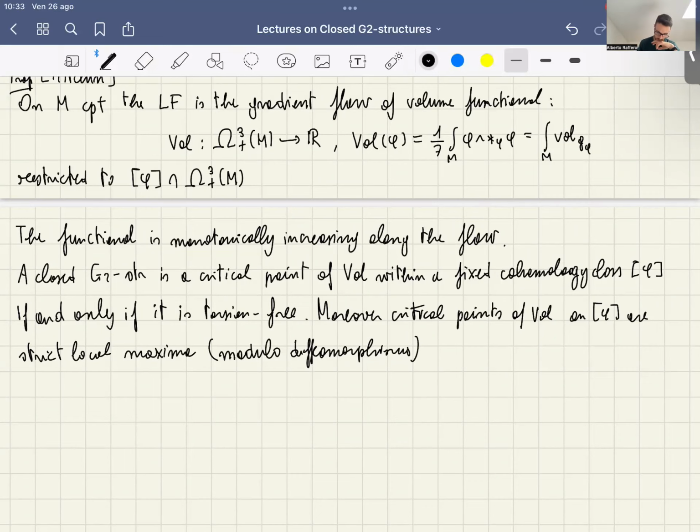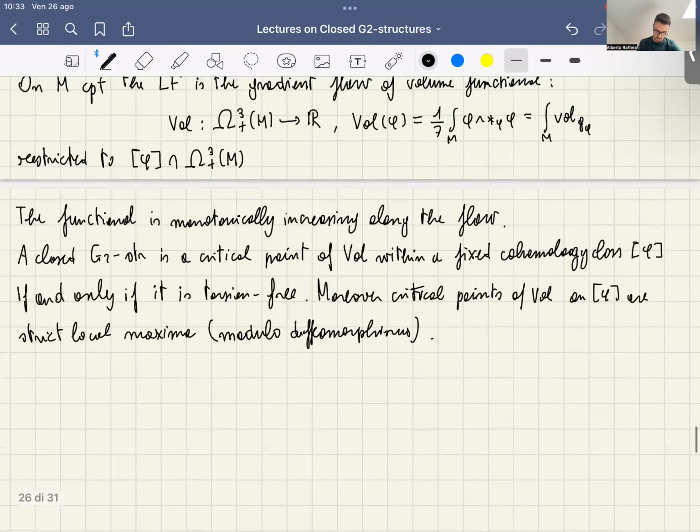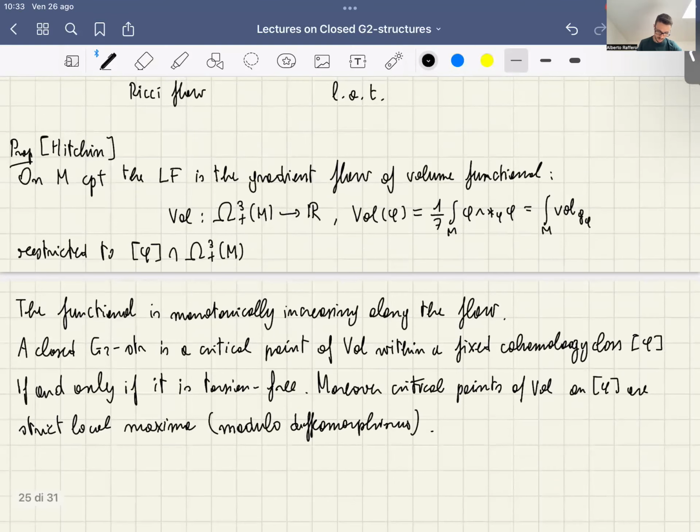Let me say something about how to show the well-posedness of the flow. And then, of course, if you're interested in the details of the proof of this result here, you can refer to the paper by Hitchin.